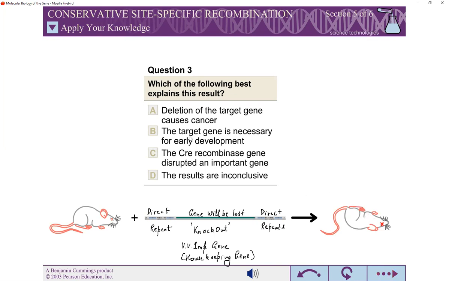We can say that the target gene might be necessary for early development, but the results are still inconclusive. There is no positive control and no negative control in the reaction. In the experiment, no controls have been designed, so the results will remain inconclusive.